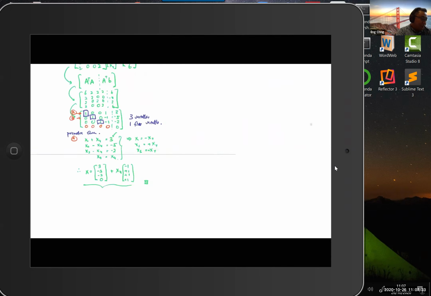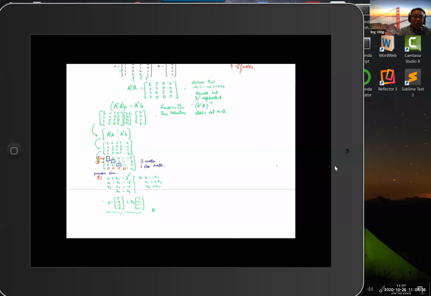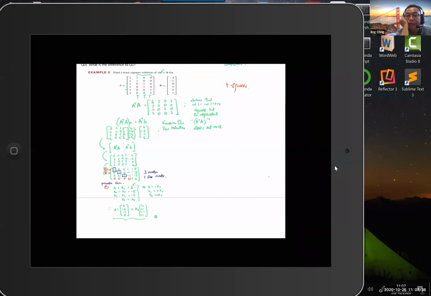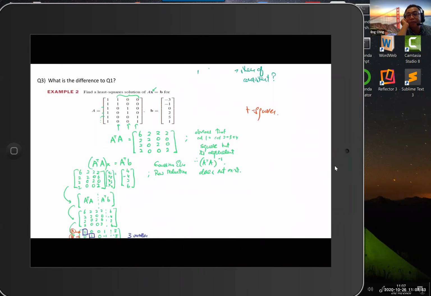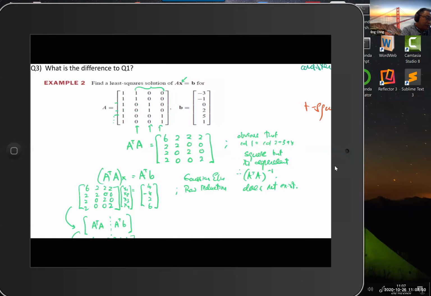So actually this question is not trivial at all. How did we start? Okay, I'm going to explain the big process again. We would have thought that the problem is easily solved for least squares because we already know how to write the normal equation, and from the normal equation write x hat equals that.